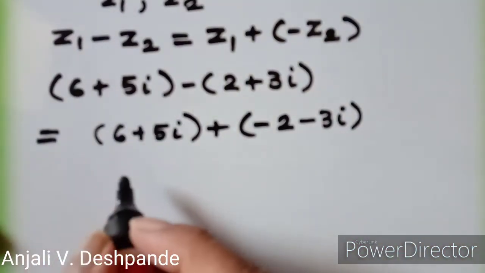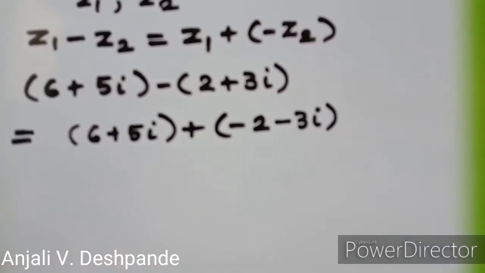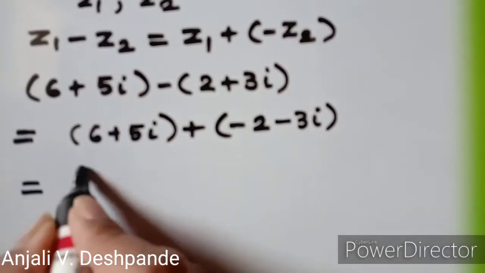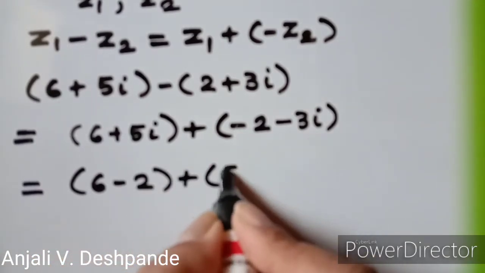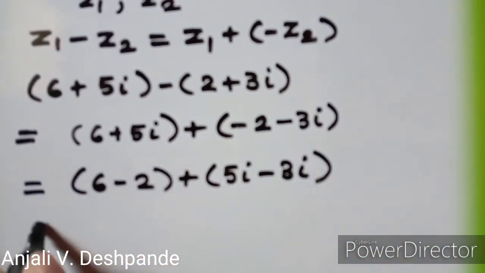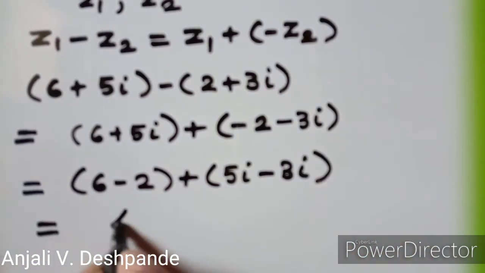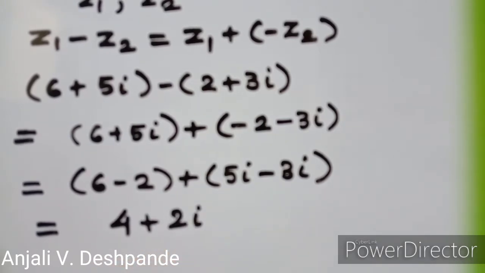Now this is equal to 6 minus 2 plus 5i minus 3i. So this is equal to 4 plus 2i, and that is the difference between the two complex numbers.